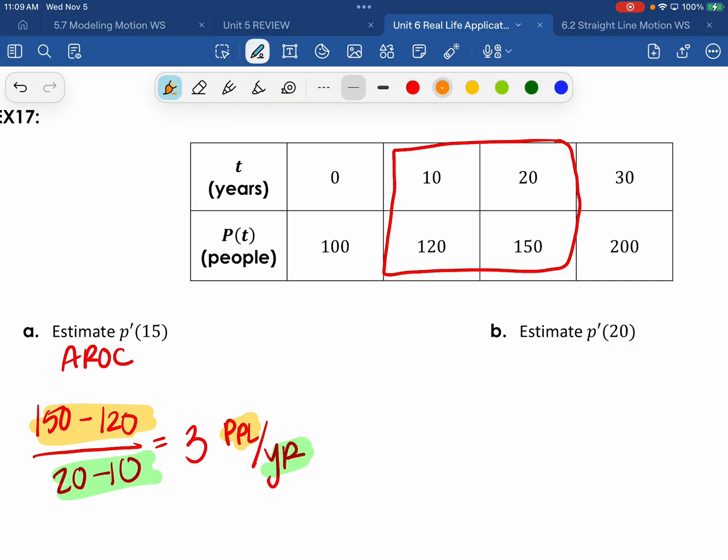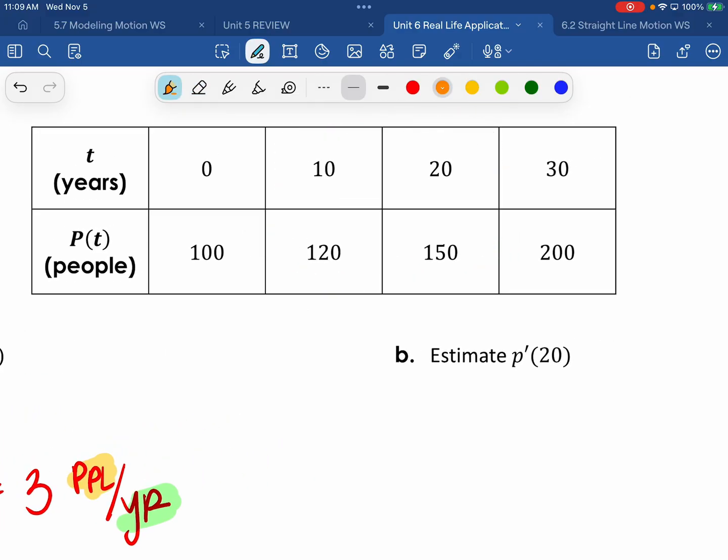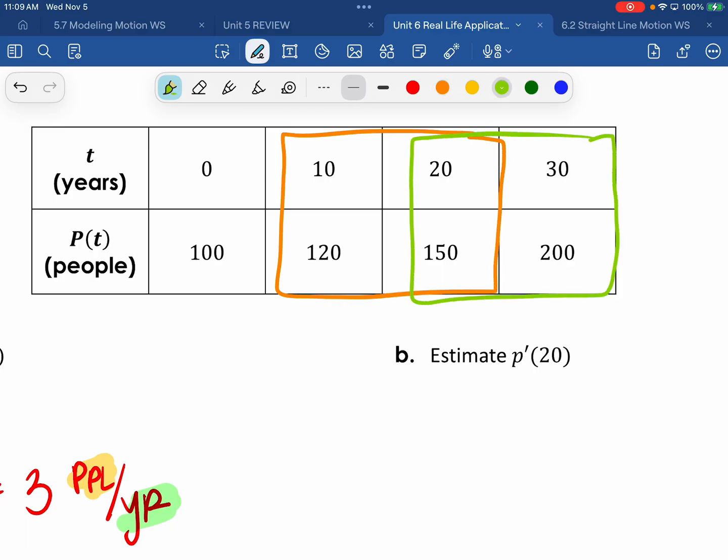All right, estimate p prime of 20. Now, I don't think you see this very often, but I at least wanted to talk about it once. If you are trying to estimate the derivative at 20, you either want to use 10 and 20 or 20 and 30. You want to get as close to 20 as possible. So it's kind of like a 2-answer possibility.